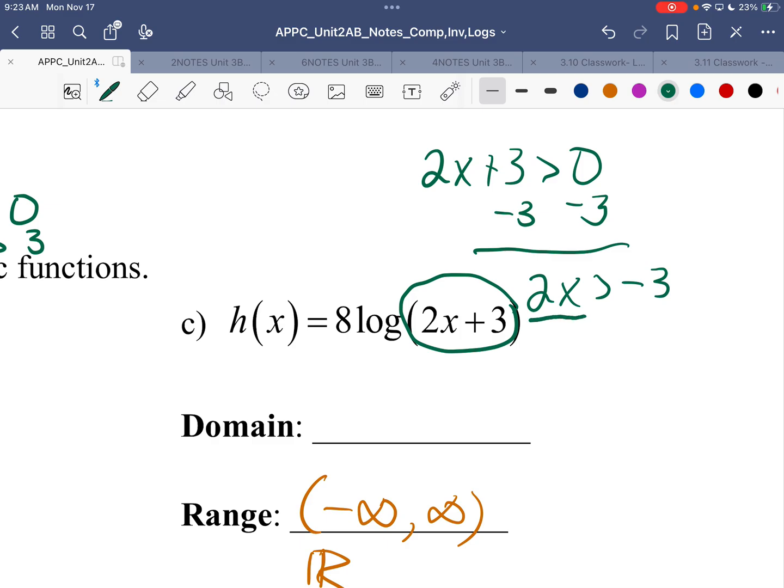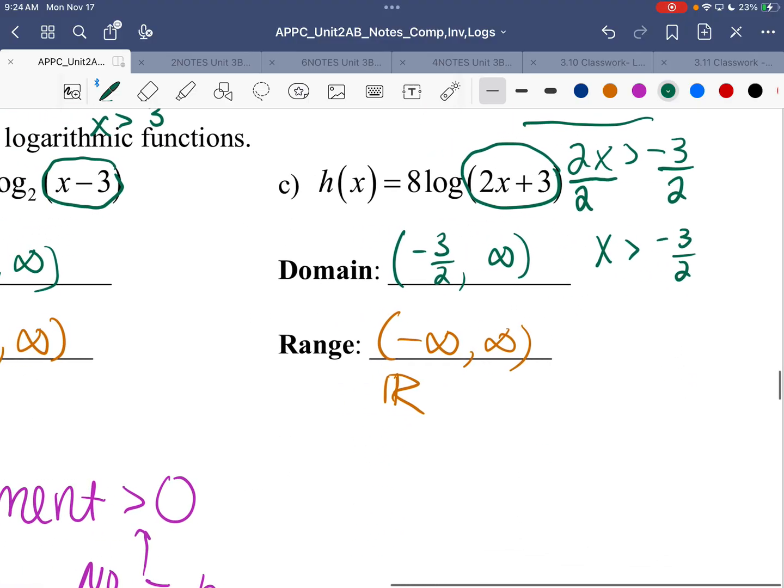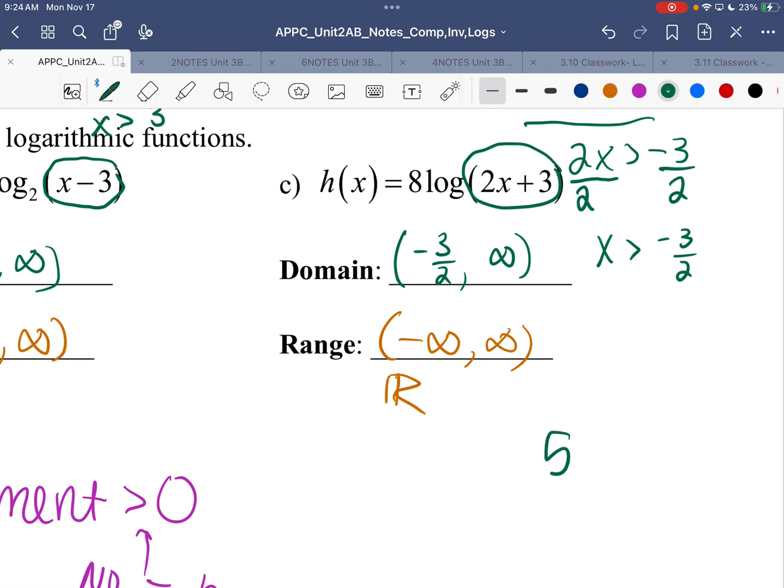When I divide, I'm dividing both sides by what? The negative or the positive? What number am I dividing to solve for x? Positive 2. So do I need to switch the sign of the inequality if I just divided by a positive number? No, you do not flip the sign. A lot of people see a negative involved and it's an inequality, and they don't know what to do. When you flip the sign is if I had like 5 minus 2x greater than 0.